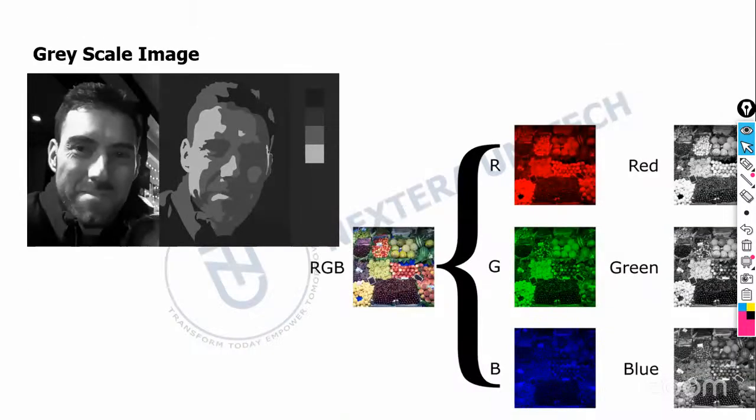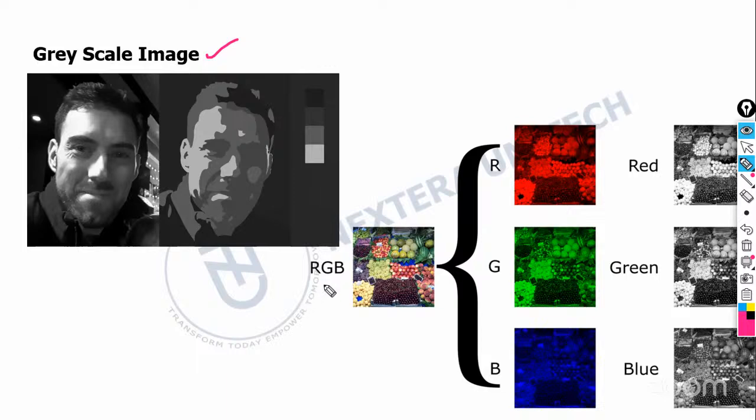If you see here, there are two types of images, friends. Images are broadly classified into two types. I don't mean to say there are no other types, there are also other types, but we generally use these two types of images. One is the grayscale image, and the other one is the RGB image.